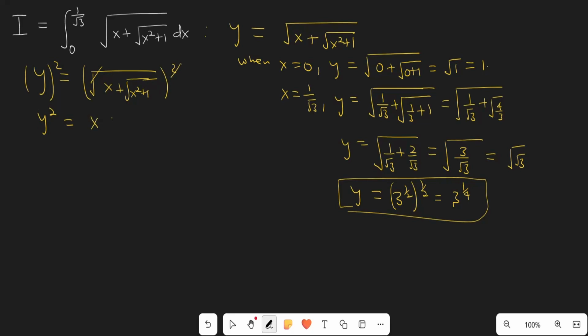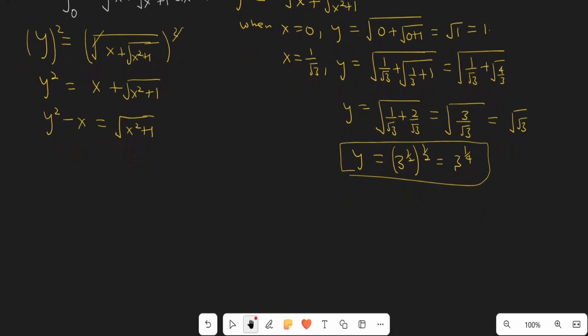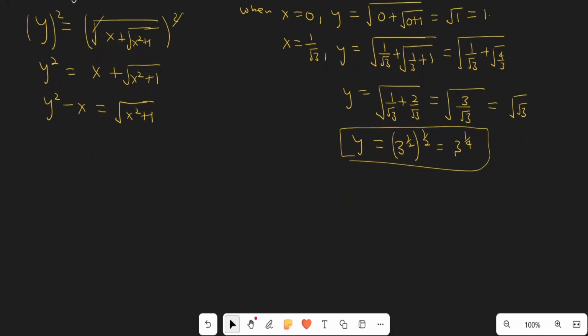What we are left with is x plus the square root of x squared plus 1, right? Now you bring the x to the left hand side, and you have the square root of x squared plus 1. Just to eliminate the last square root, you have to square again.